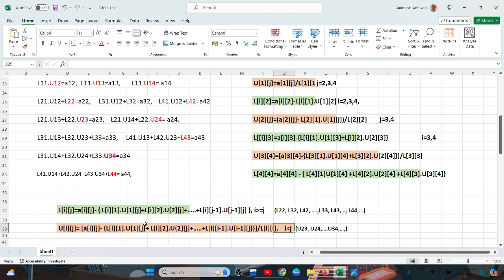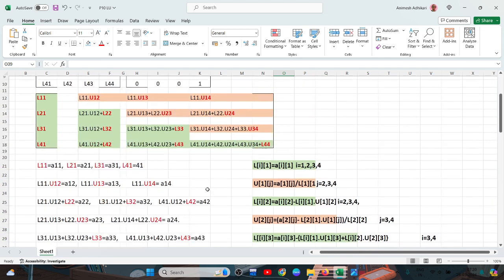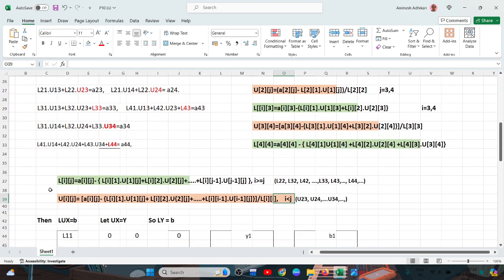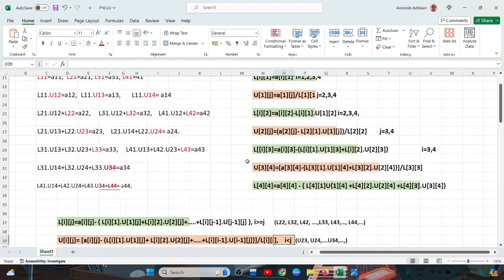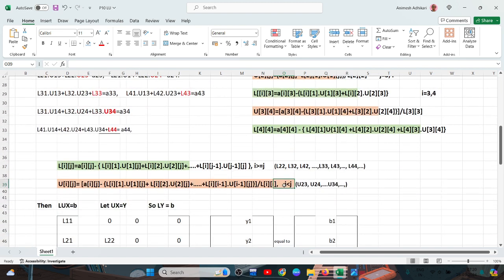By this equation we get these elements L33, L43, and L44. Next, by the equation for Uij, we get U23, U24, U34, and we write it when i is less than j.